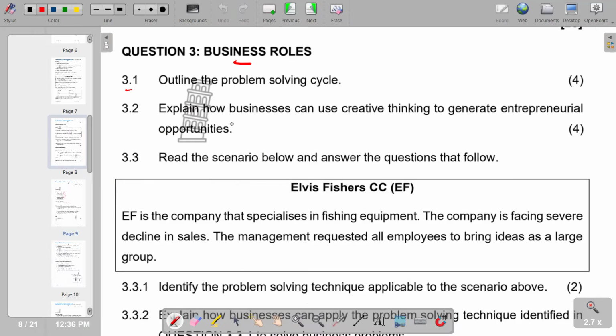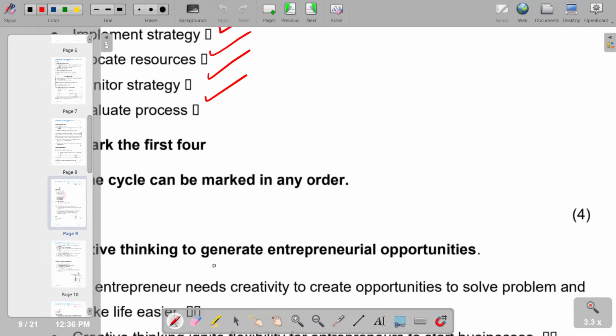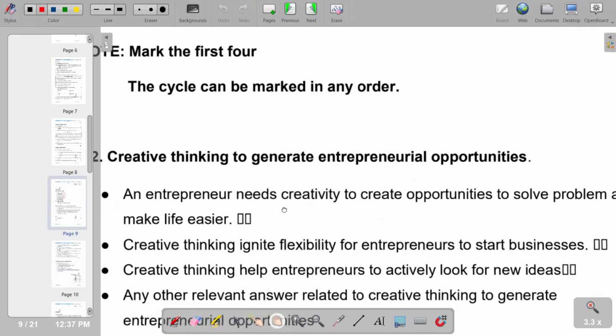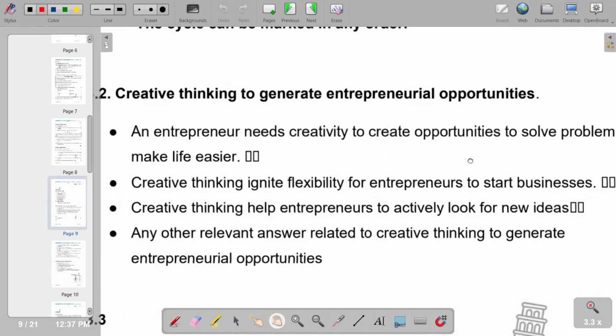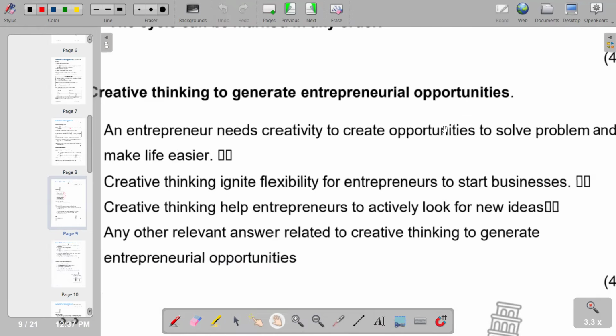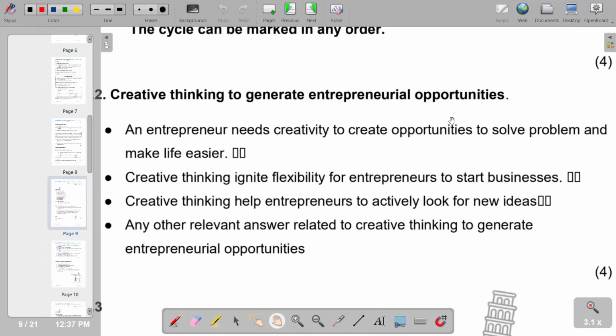Then 3.2, explain how businesses can use creative thinking to generate entrepreneurial opportunities. So creative thinking is basically coming up with new and unique ideas. The question requires us to explain how businesses can use creative thinking to generate entrepreneurial opportunities. So in that sense, an entrepreneur needs creativity to create opportunities, to solve problems and make life easier.